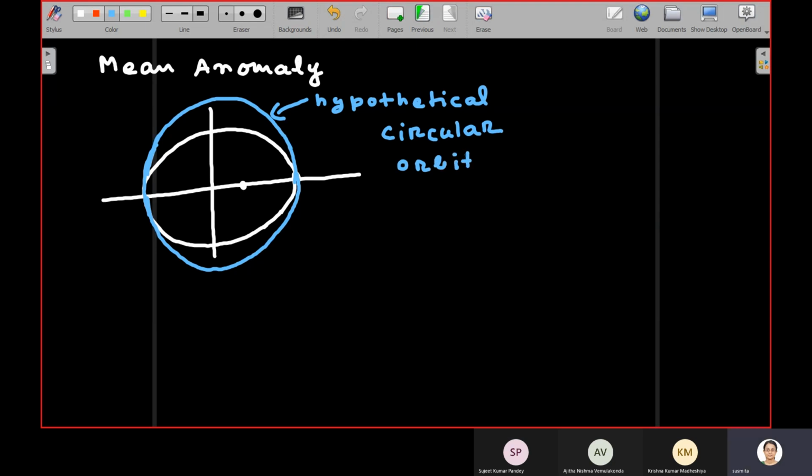Okay. Let's imagine that a fictitious satellite goes around the Earth in this hypothetical circular orbit. Okay, and this satellite has the same orbital period as the real satellite.